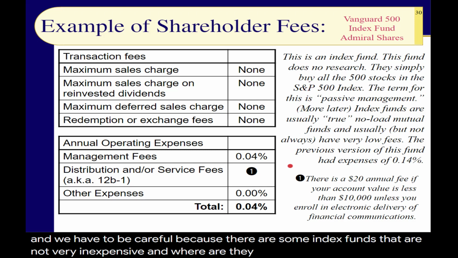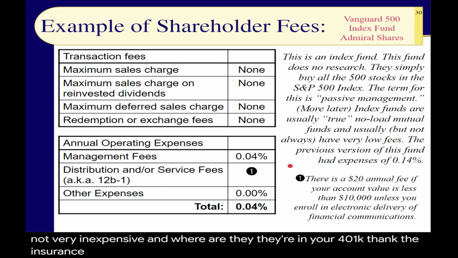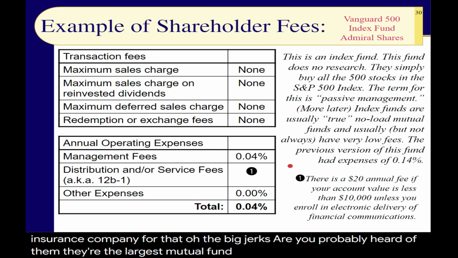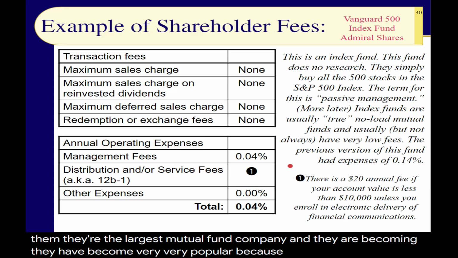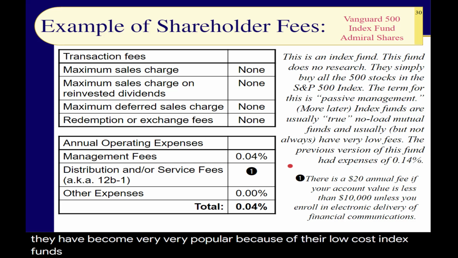And where are they? They're in your 401k. Thank the insurance company for that. Oh, the big jerks. So, Vanguard, you've probably heard of them. They're the largest mutual fund company, and they have become very, very popular because of their low-cost index funds. So what happened?